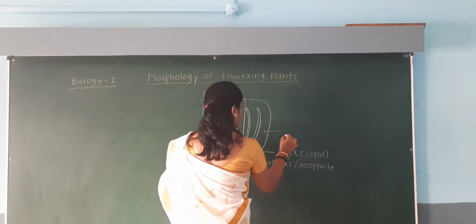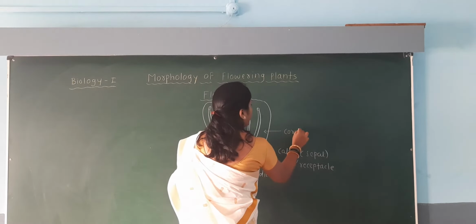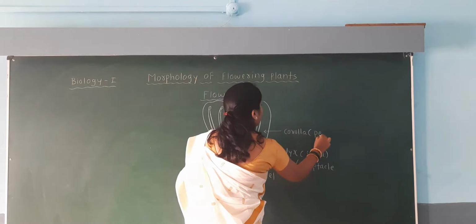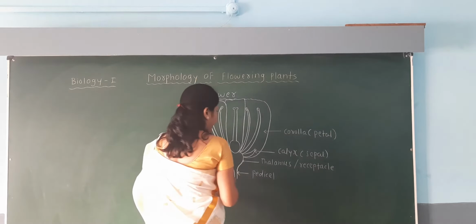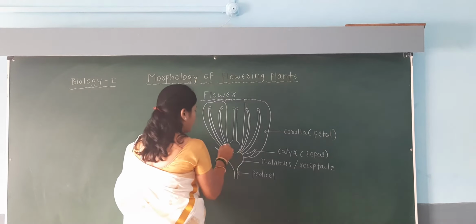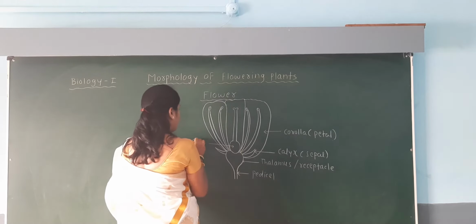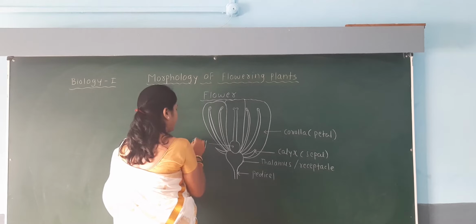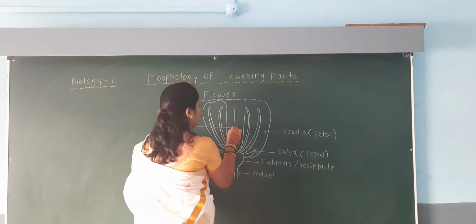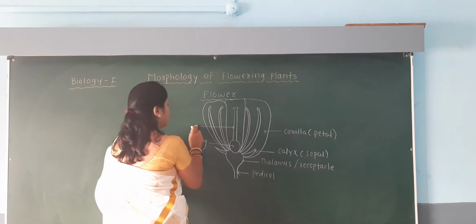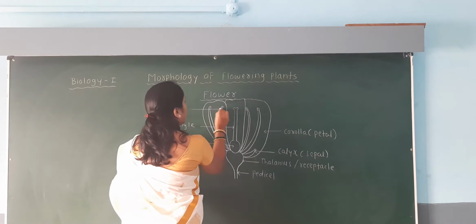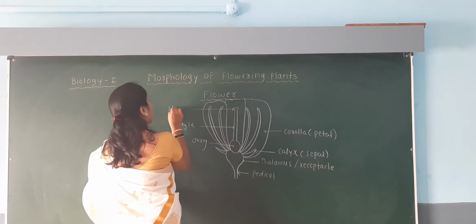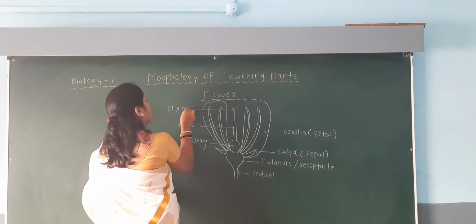This is called corolla. Another name of the corolla is the petal. Okay. Now this one is ovary. This one is style, and this is the stigma.